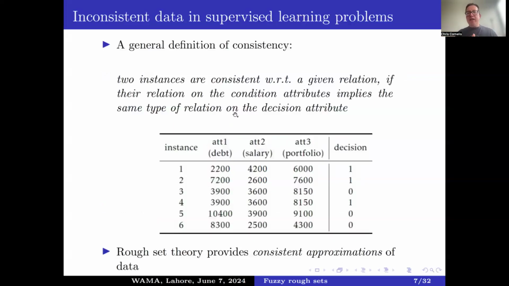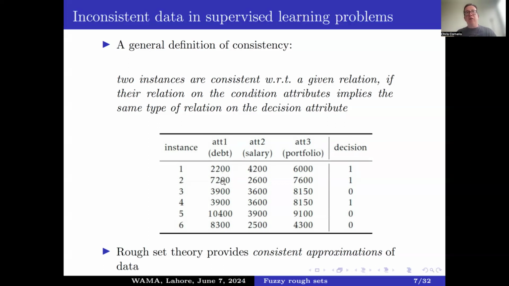So in general, we can define inconsistency or consistency as follows. We say that 2 instances are consistent with respect to some relation, which can be indiscernibility or dominance or something else, if having the relation on the conditional attributes implies the same type of relation on the decision attributes.